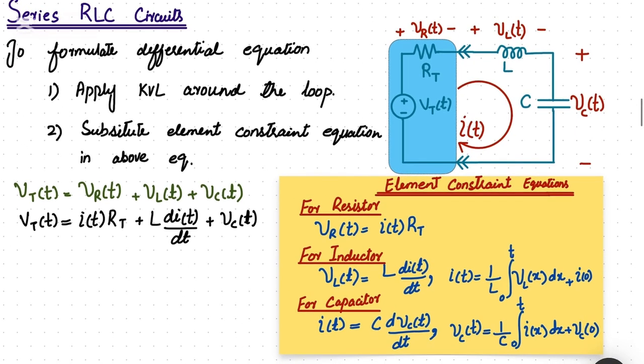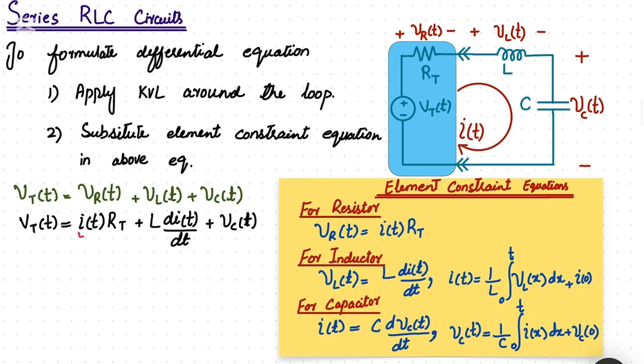So I need to relate the inductor current I of t with Vc of t. We know that the capacitor current I of t is equal to C dVc by dt. So I can replace this I of t and this I of t with C dVc by dt.